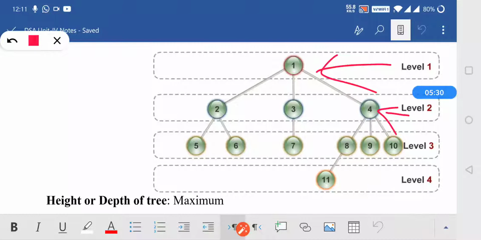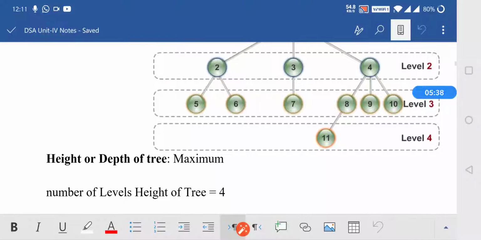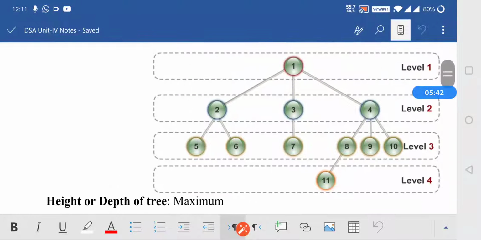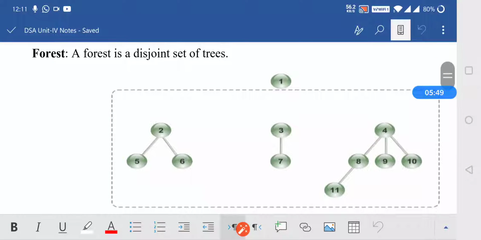Likewise, the levels are there as per the tree containing the child nodes. Then the height and depth of tree, that is nothing but the maximum number of levels present in the tree. As in this particular example 4 levels are there, so the height of this tree is 4.